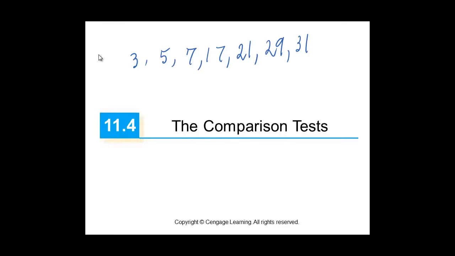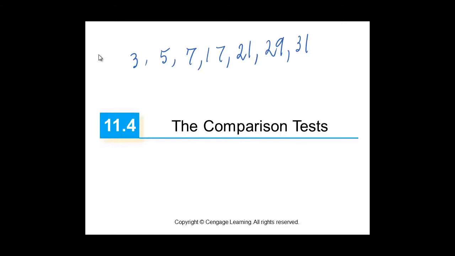Section 11.4 is on what we call the comparison tests, and there are two of them, so we're going to learn two new tests to determine whether a given series is convergent or divergent.